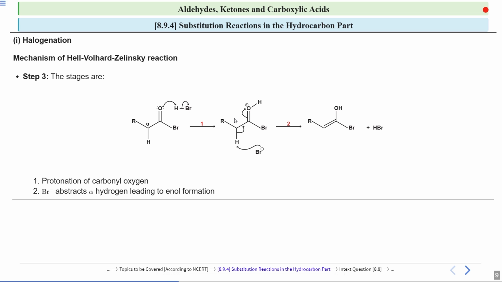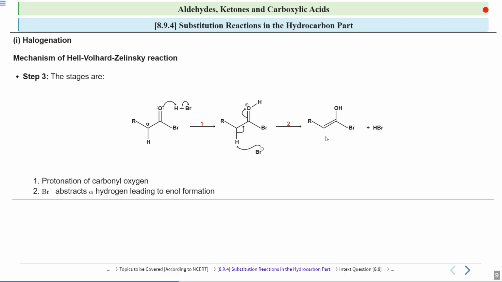Further, in the second part, the bromide ion removes the alpha hydrogen from the molecule. The carbon next to this group is the alpha carbon and this hydrogen is the alpha hydrogen. So the bromide removes this alpha hydrogen, and this leads to the formation of an enol, which is a compound with a double bond and an alcohol group.